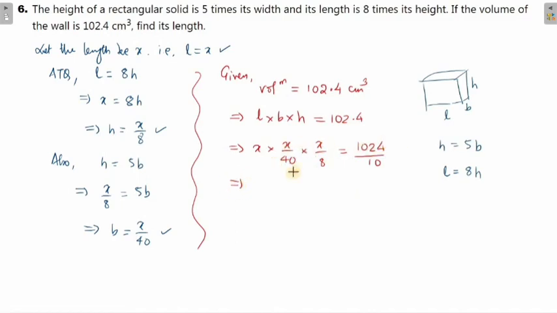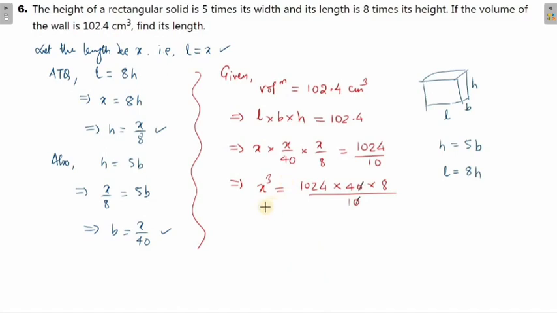Okay, so here we have, we'll bring this 40 and 8 out here. So x into x into x is x cube. Now we have 1024 into this 40 and 8 goes out here, and we have in the denominator 10. So if you see here, this and this can be cancelled, isn't it?